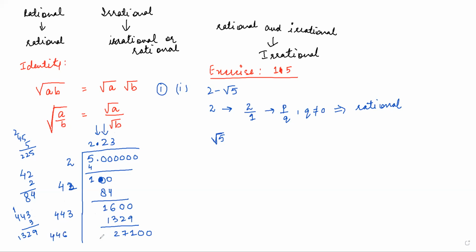Now let us try 5 times. So I'm just doing here 4, 4, 6 into 5. 25. 5 into 6, 30. I think let us check 6 also. 4, 4, 6, 6. 6 into 6, 36. 36 and 3, 39.